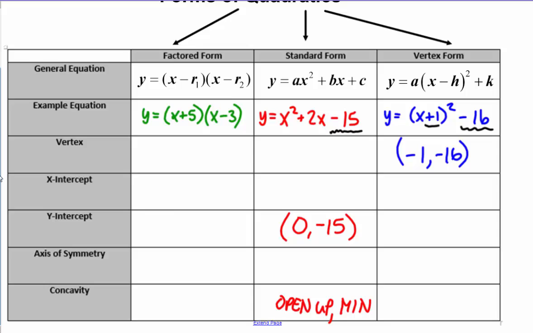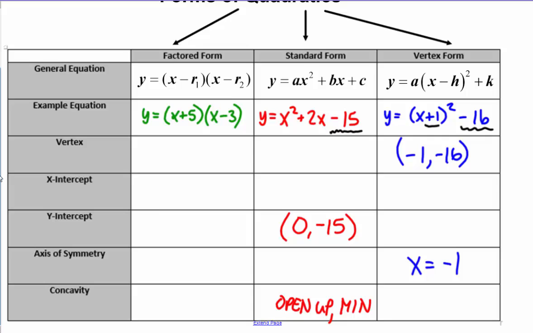Now, the other piece of information that this gives us in vertex form is our axis of symmetry. Our axis of symmetry always is the equation that runs through the x-coordinate of our vertex. So it's always x equals whatever the x-coordinate of our vertex is. So in this case, it is x equals negative 1.